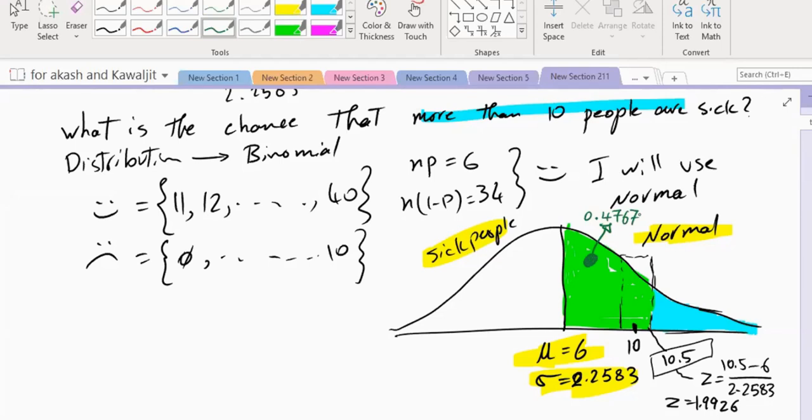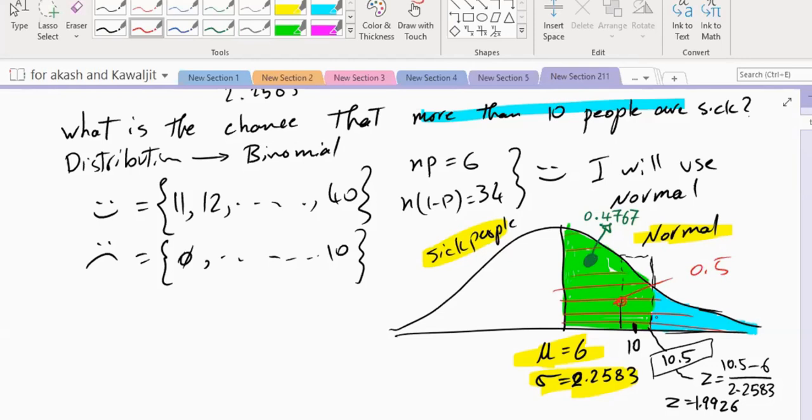Okay, very good. So now to find the blue area, like one of your classmates asked me, how can we find this blue area? From here to infinity is 0.5. If I subtract this green area from 0.5, then I will get the blue area. That is why I subtract.